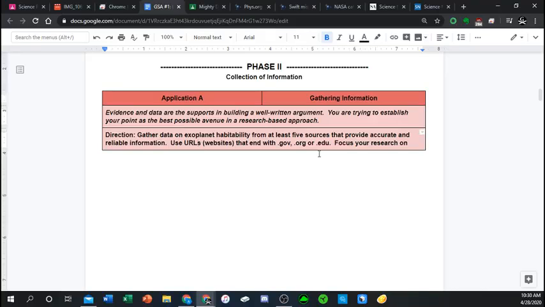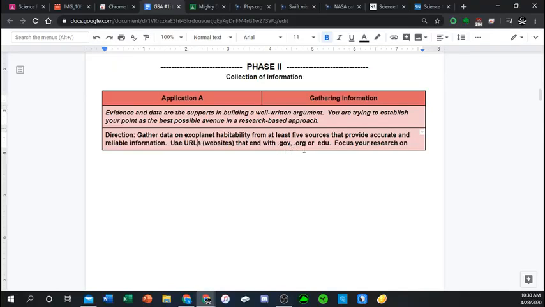Government websites, for the most part, are very reliable. They need to be because they have to guide the general population. Some government websites are more reliable than others now. All right.